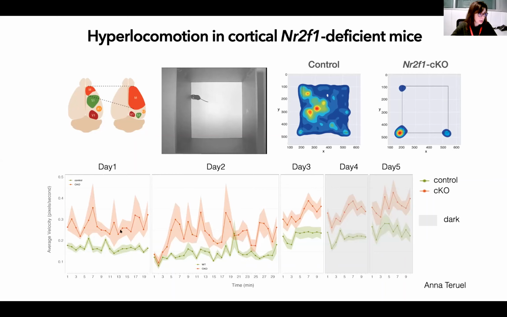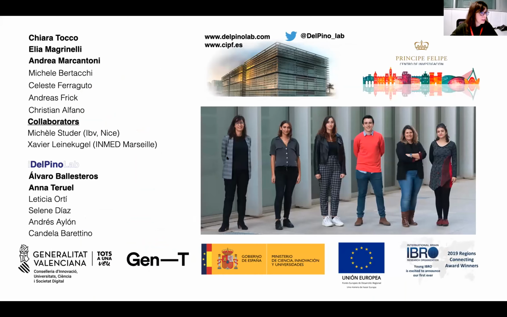These mice have a clear hyperlocomotion across days and in every possible condition. So we are very excited to dig further into the subcircuits that are responsible for this hyperactivity.